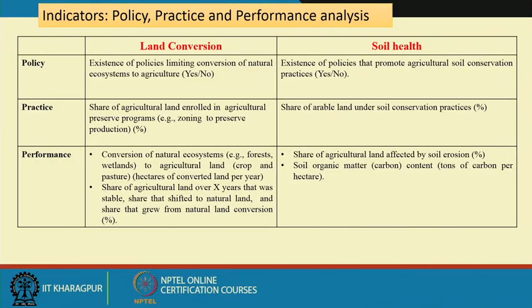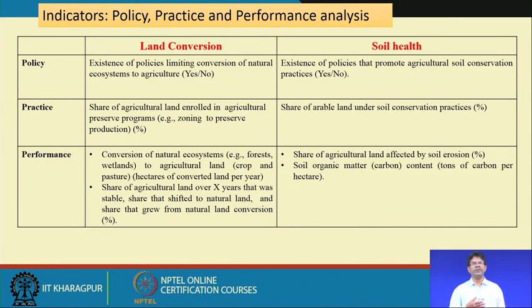So, this type of practice, or stubble mulch tillage, shows how you can minimize water and wind erosion. Whether there is a policy to promote agricultural soil conservation practices, if so, then the share of arable land under soil conservation practices, in percentage.